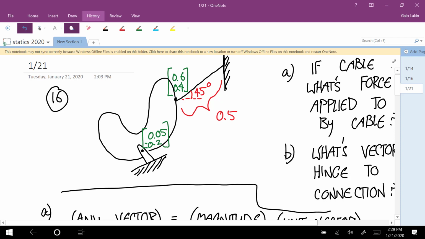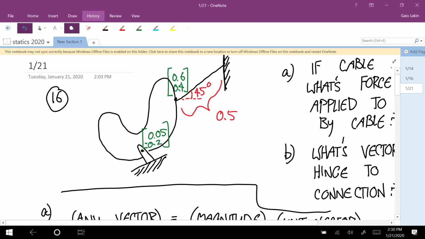Two. If there's more than two unknowns, we can't do anything with it. So if we just left that as an unknown force vector with components Fx and Fy, then we couldn't have any other forces happening in this problem and still solve it.